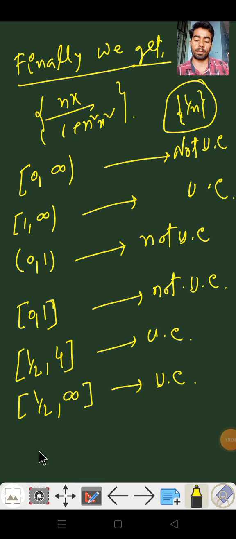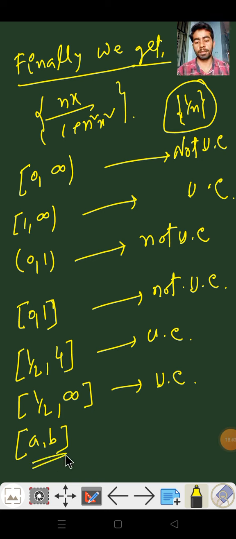Now one student asked when it is uniformly convergent on a closed interval [a, b]. It is if a is non-zero and also a should not be in the neighborhood of 0.